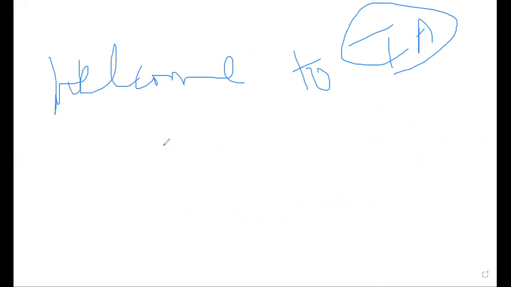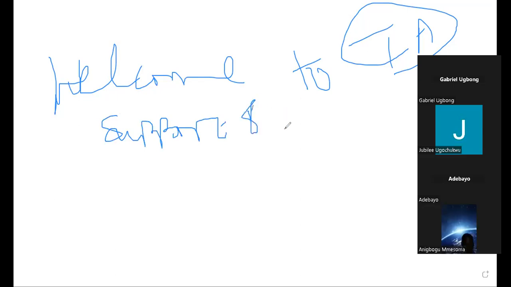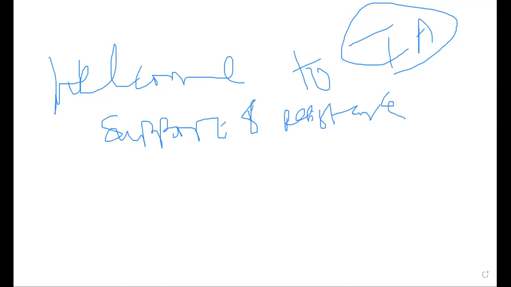For you to begin to take trades, there are several technical analysis tools you have to use. You have support and resistance. That is the most common one. These are technical tools. We will look at them one after the other.